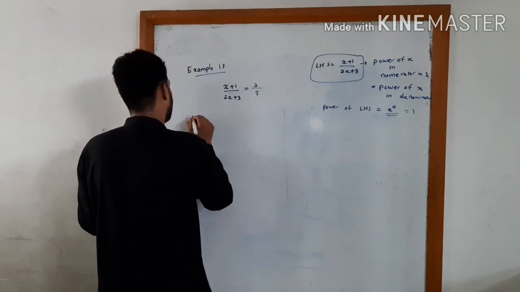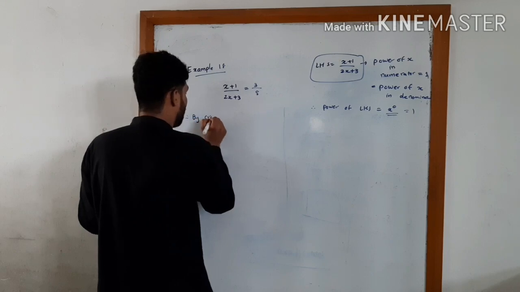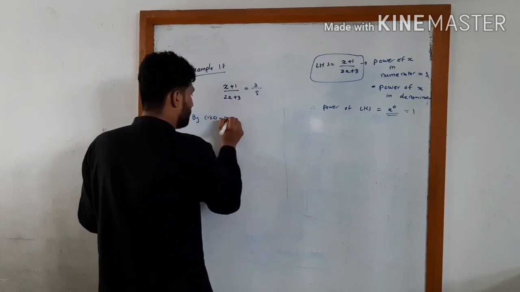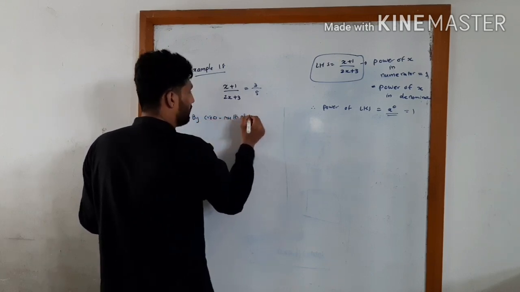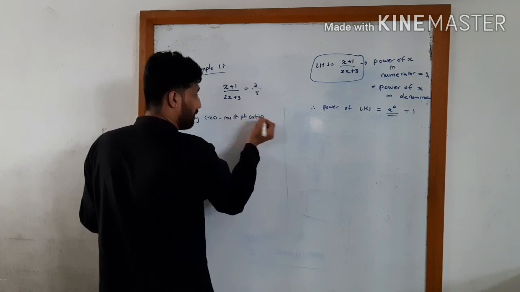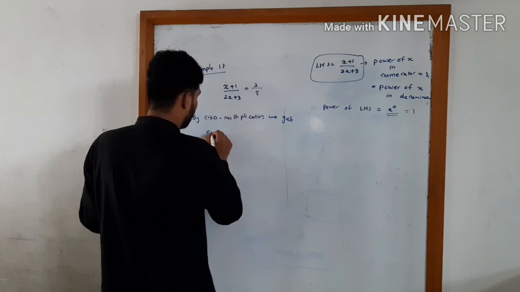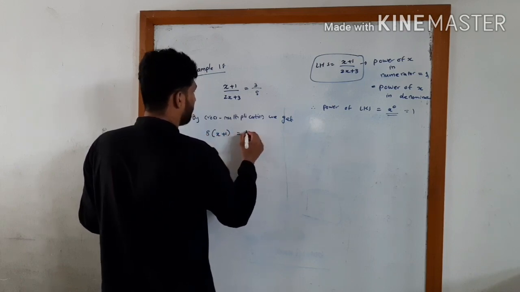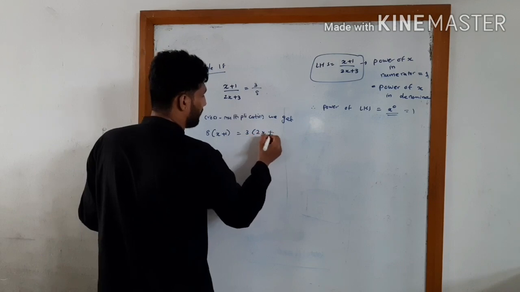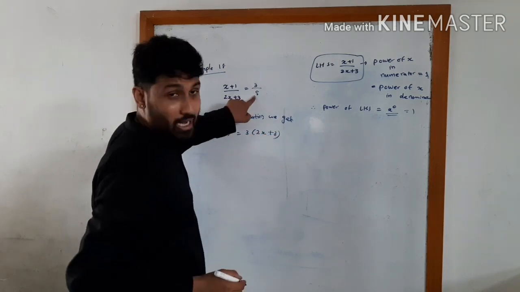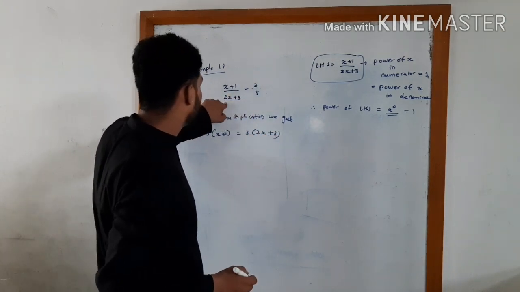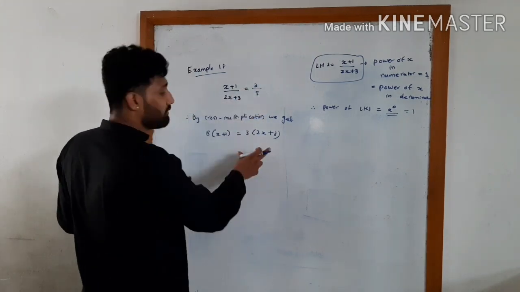So therefore by cross multiplication we get 8 into x plus 1 is equal to 3 into 2x plus 3. I multiplied this 8 this side, 2x plus 3 this side. So this is what I get.